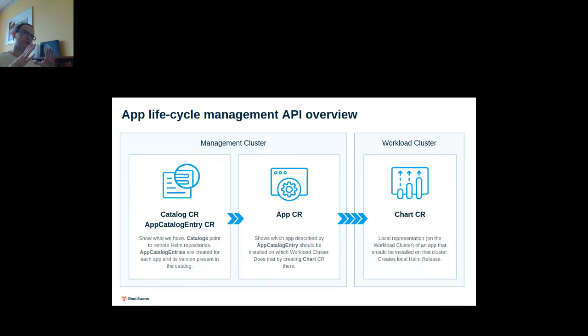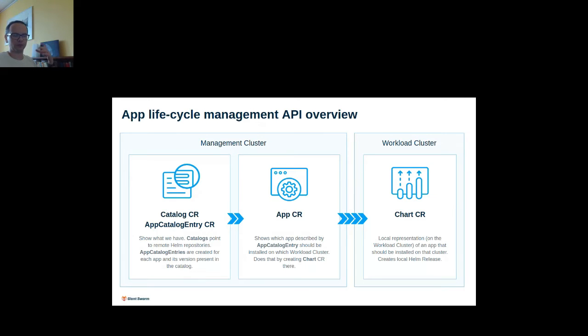Starting from the top, we have two CRs. One of them is called catalog CR, and the other is called app catalog entry CR. The purpose of those CRs is to reflect and show in the Kubernetes API, in a Kubernetes native way, what you have available. I mean, which apps do you have available? Which versions? Which catalogs? Because you can have multiple catalogs.